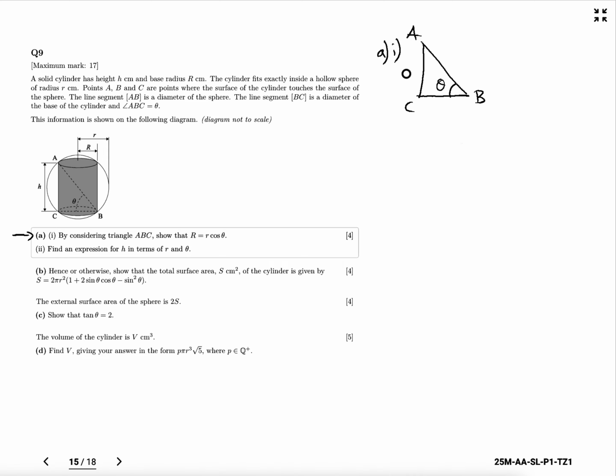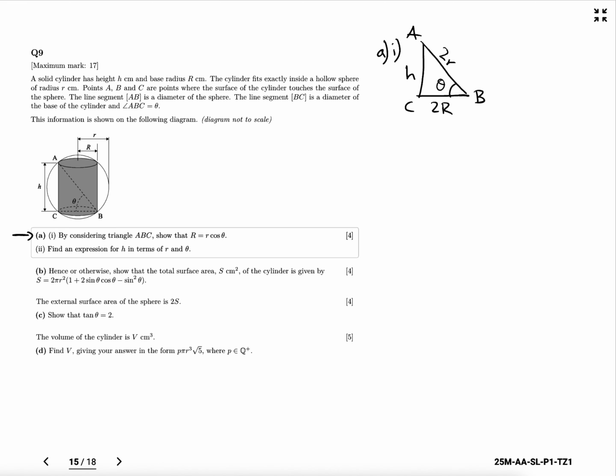And we know that AC is h. We know that BC is going to be 2 capital R, because it's the diameter of the cylinder. And we also know that the hypotenuse is going to be 2 little r, because r is the radius of the sphere, and this is the diameter of the sphere.